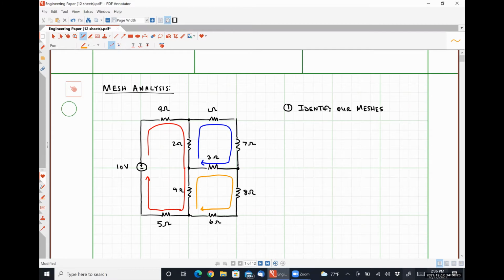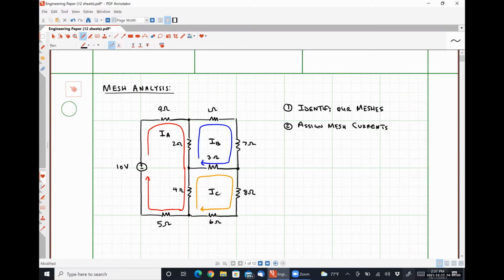And our second step is to assign mesh currents. So what that means is that we are going to treat each one of these meshes as if they have a current. I'm going to call this one here IA, this one IB, and this one IC, circulating around each of these meshes in the direction that I have indicated.